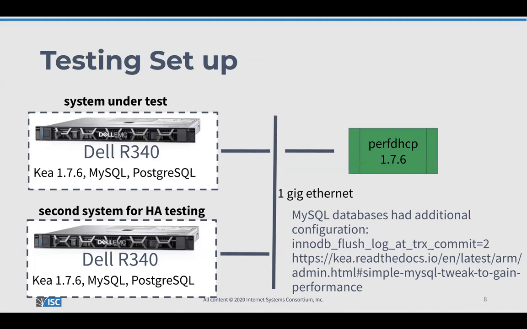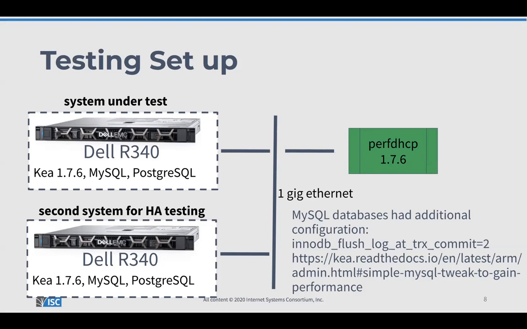Our testing setup is the simplest we can get. We have just 2 Dell R340 servers running Kea, and a third server for our traffic generator, all connected via a single dedicated VLAN, and all running default configuration, except one point.